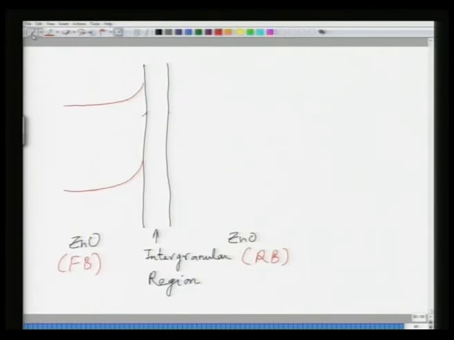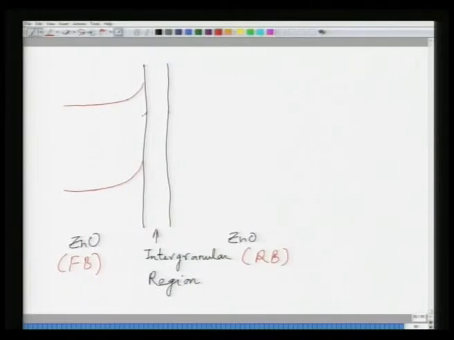So, what happens in a varistor is at high biases there is forward biasing of one grain and reverse biasing of the grain on the other side. Imagine that the left grain is forward biased and the right side grain is reverse biased. Under such a condition, when this grain is forward biased, the barrier on this side will reduce.